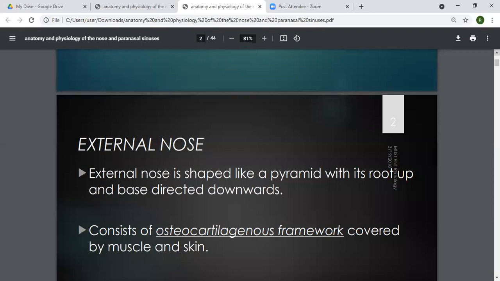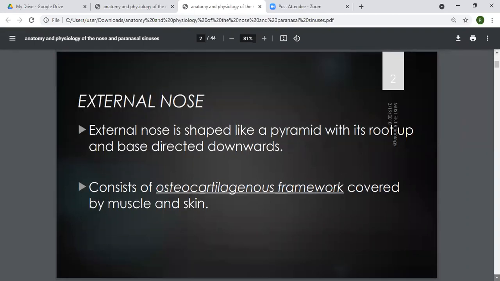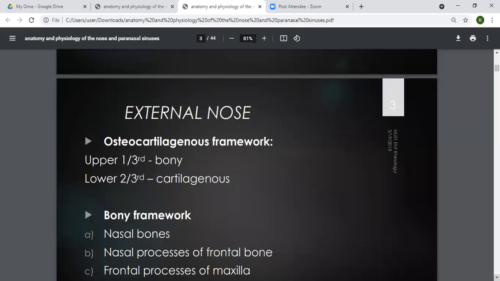So the external nose is shaped like a pyramid with its root facing up, and the base is directed downwards. It consists of an osteocartilaginous framework, which is covered by muscle and skin. I think if you touch your nose, you can see that.